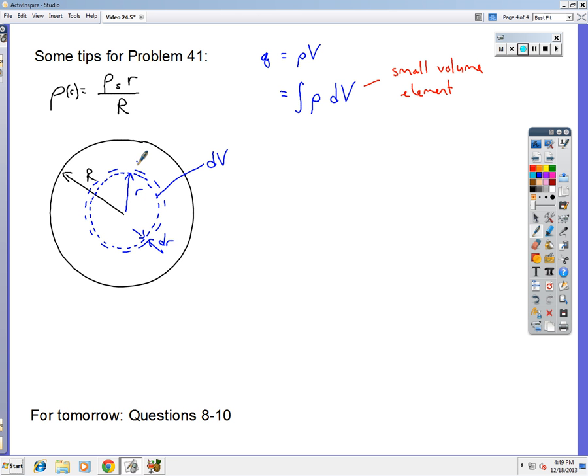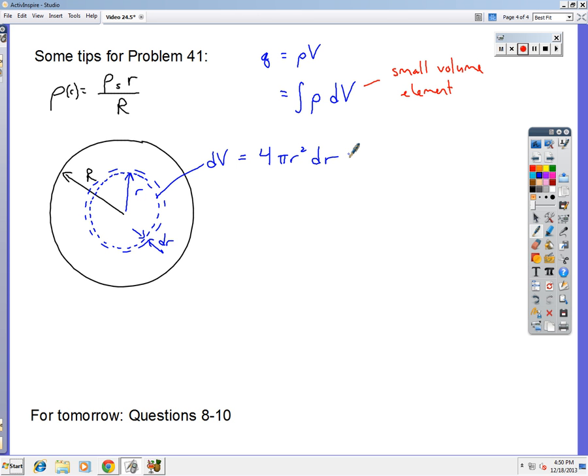And now we need to figure out what the volume of dV is. And you can think of it as a very flat surface that is formed into a sphere. That flat surface has an area of 4 pi r squared and a thickness of dr. So for a flat, pancake sort of shape, the volume is the area times the thickness. The area is 4 pi r squared.